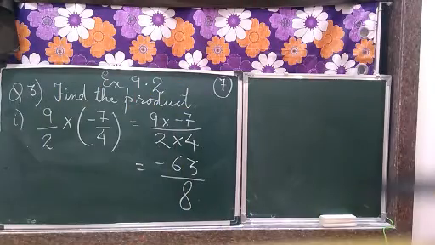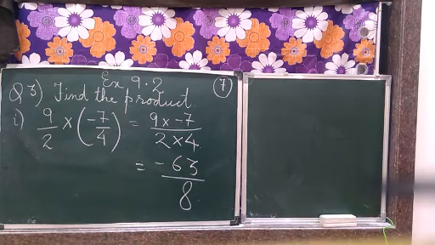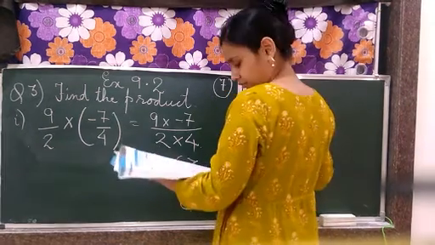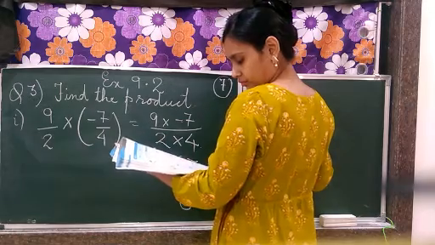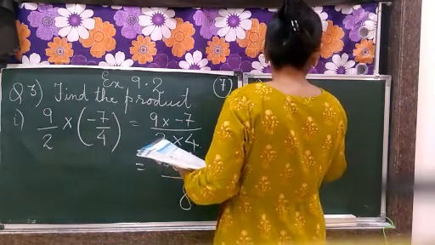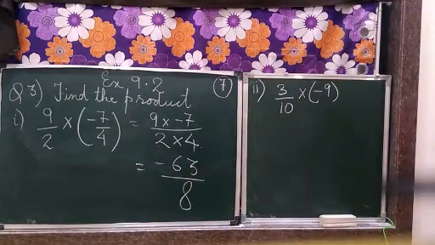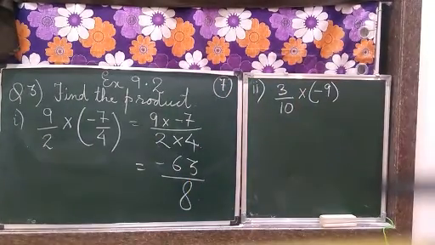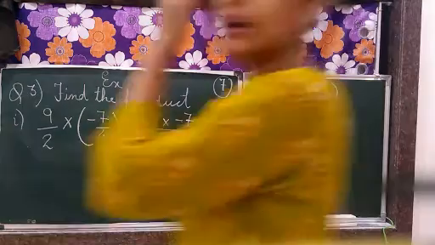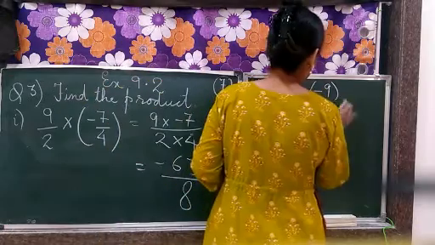Okay. Now we are going to start the second one. 3 by 10 into minus 9. So here also numerator multiplies to the numerator and the denominator multiplies to the denominator.